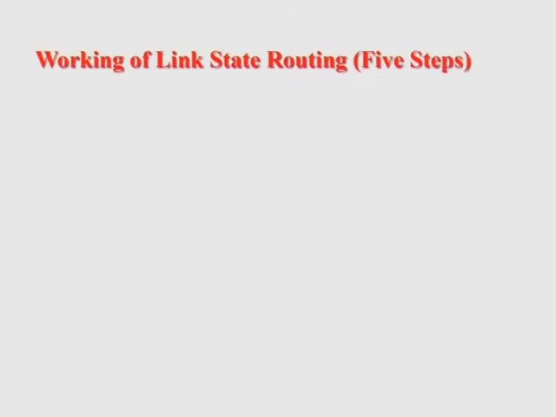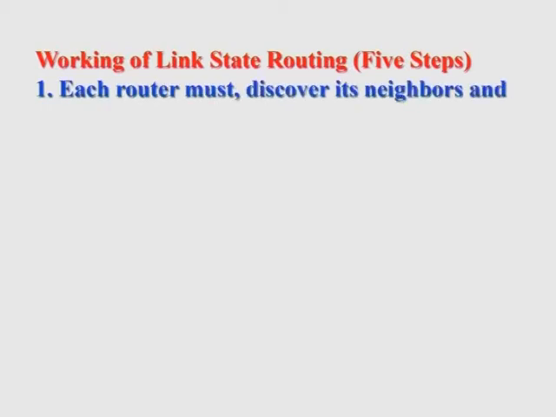To overcome these limitations, a new algorithm was proposed known as link state routing. The idea behind link state routing is simple and can be stated as 5 steps. Number 1 is that each router must discover its neighbors and learn their network addresses.